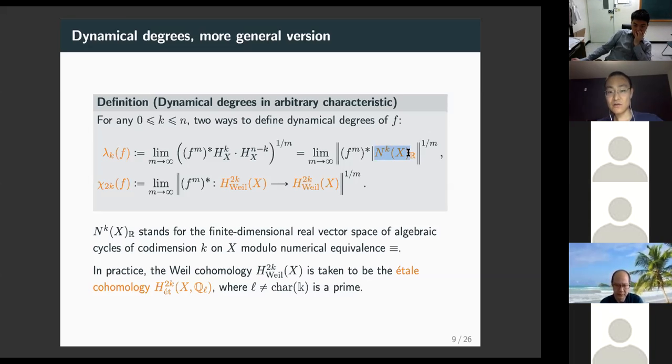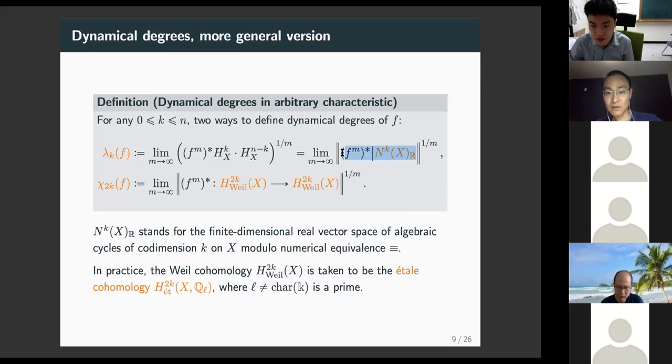And then what's the absolute value? No, this is not an absolute value. This group tensored with R is a vector space. Then we consider the dimension of the vector space. I see.